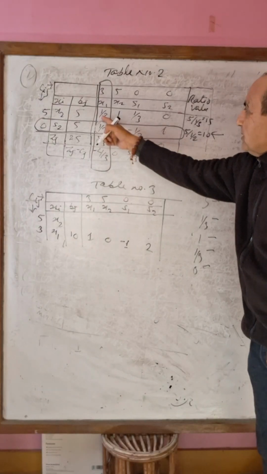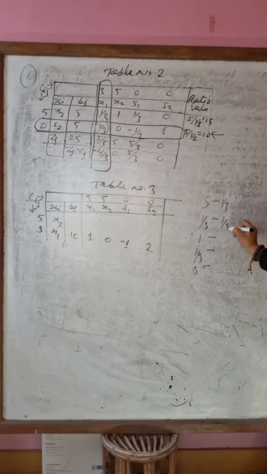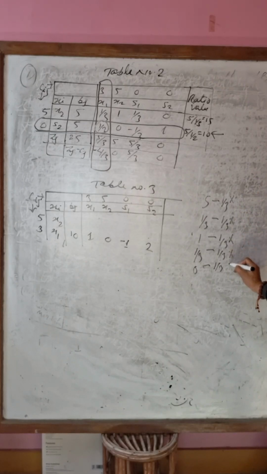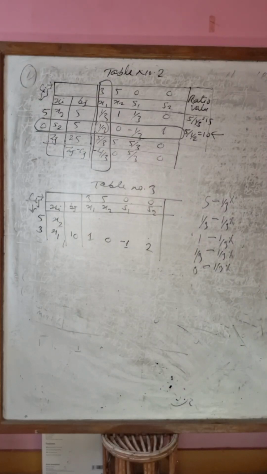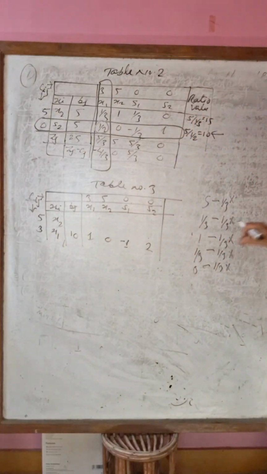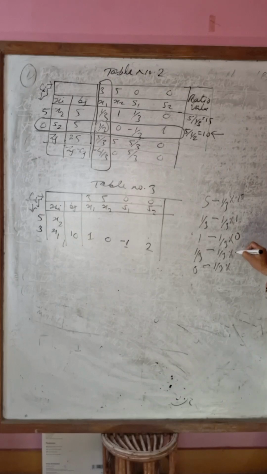What is the key element? 1 by 3 is the key element. 1 by 3 into, now you multiply by the corresponding elements of R2, that is 10, 1, 0, minus 1, and 2.